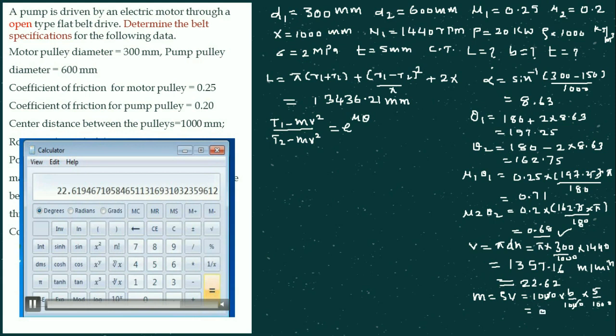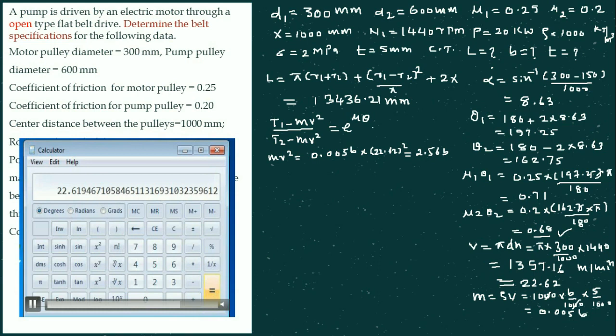So m comes out to be 0.005 B. Hence, when we consider m v square, which is 0.005 B multiplied by 22.62 whole square, it comes out to be 2.56 B.